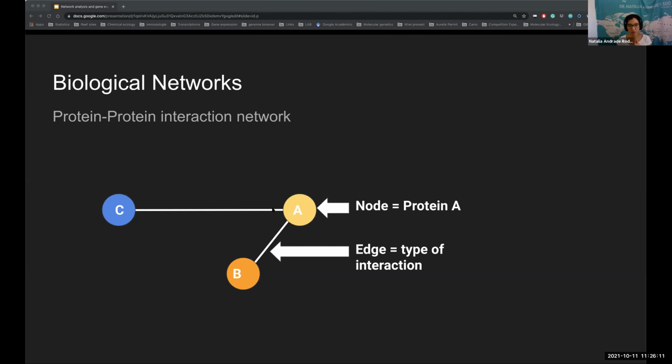And a lot of modeling of proteins and pathways has been done with this type of analysis to build, for example, the KEGG pathways, the cellular pathways that we now know.